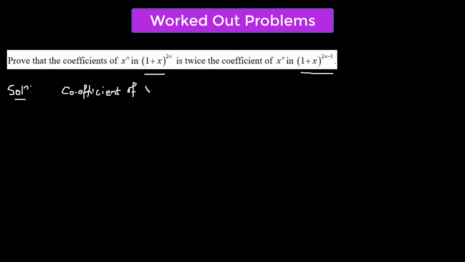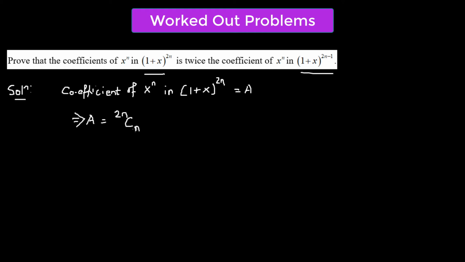So we're going to assume that the coefficient of x to the power of n in (1 + x) raised to the power of 2n is given by a. And this implies a will be equal to 2n Cn.